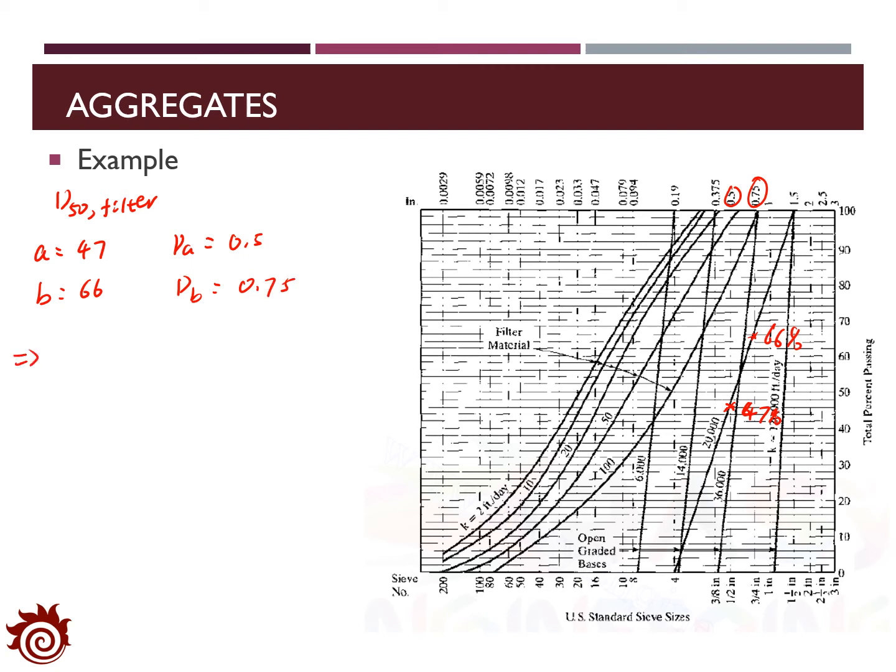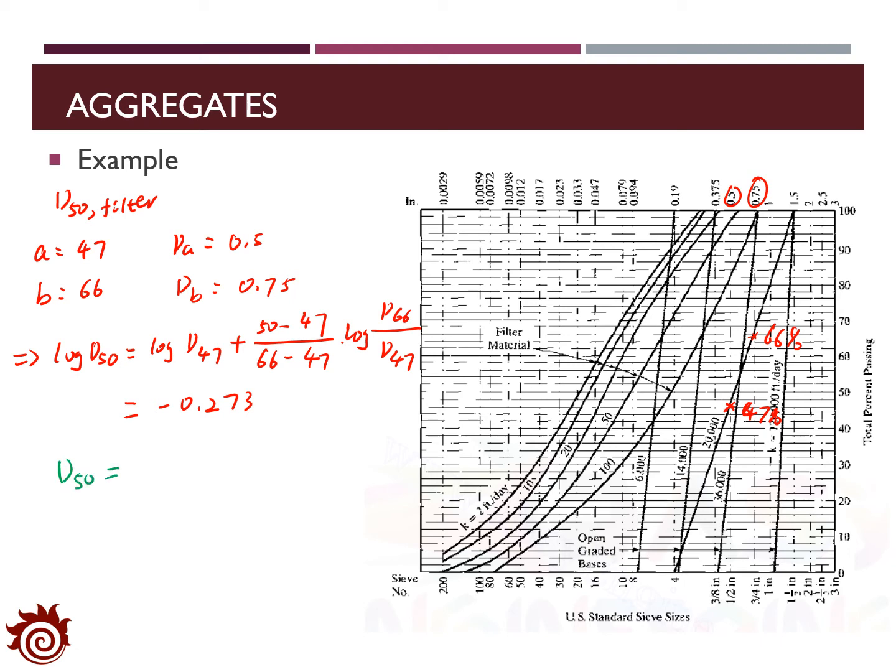Then we apply the same equation: log D47 plus (50 minus 47)/(66 minus 47) times log(D66/D47), which gives the value as minus 0.273, and we get D50 as 0.53 inches.